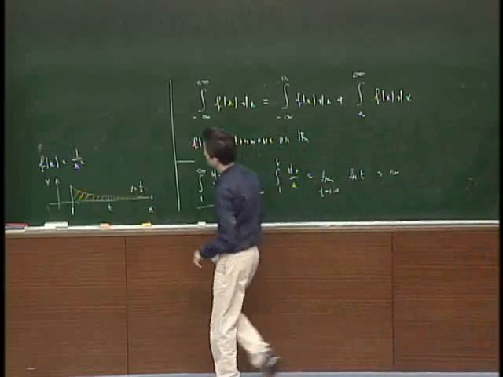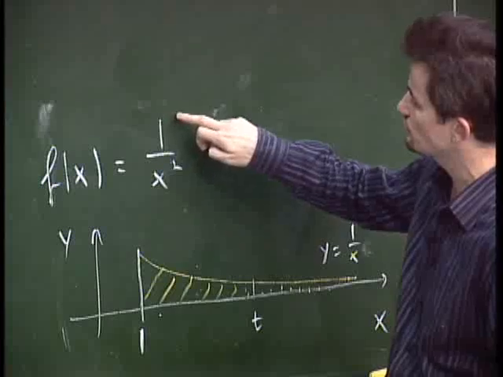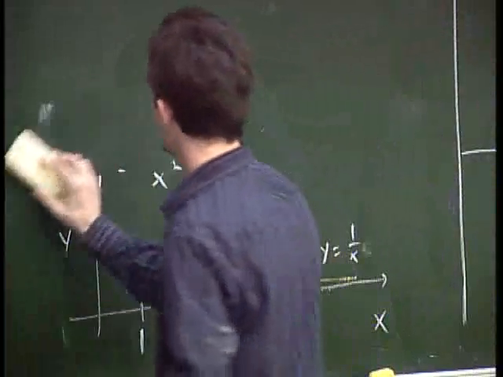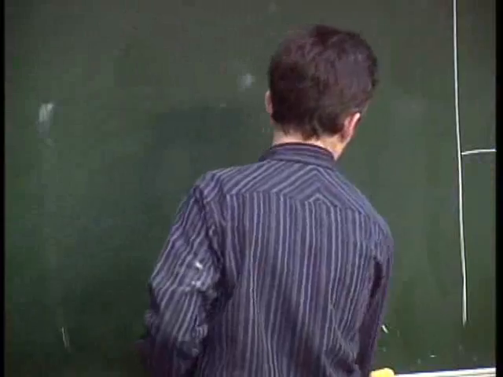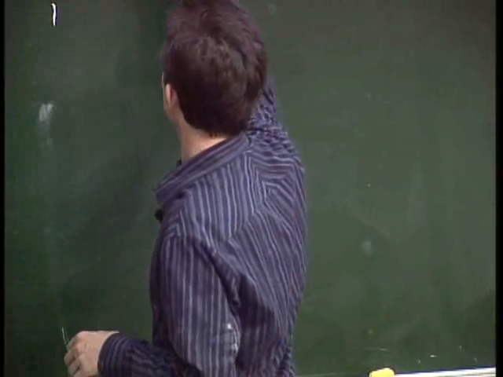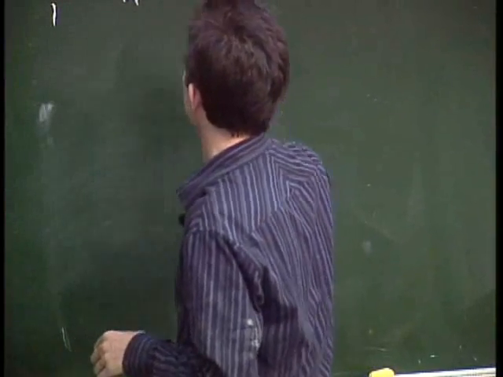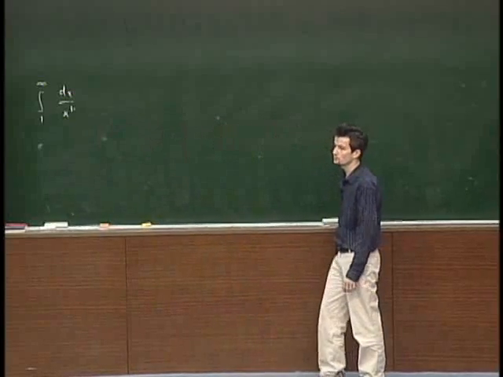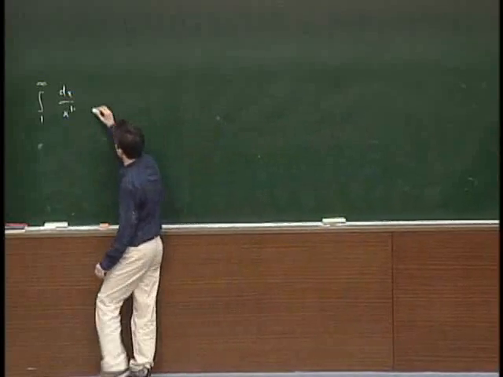Now, a more general example is to check what happens if you choose 1 over x to the p, where p is any real number. So let's check out this integral from 1 to infinity of dx over x to the p. We saw already p equal to 1 is divergent, p equal to 2 is convergent. Now, how about the general case?